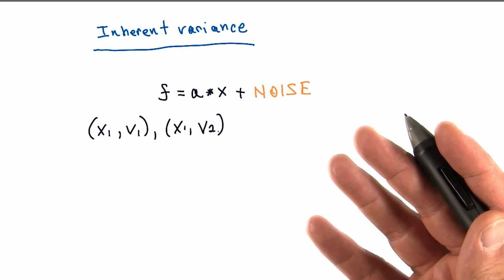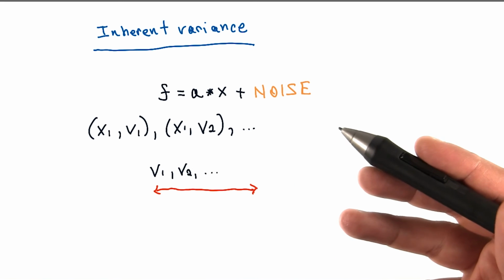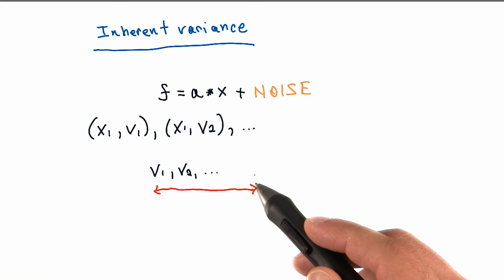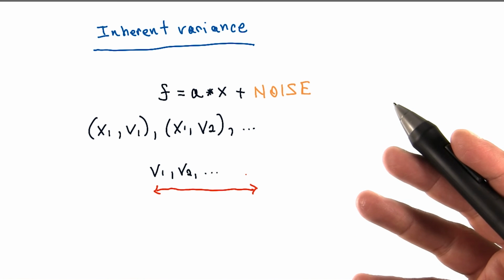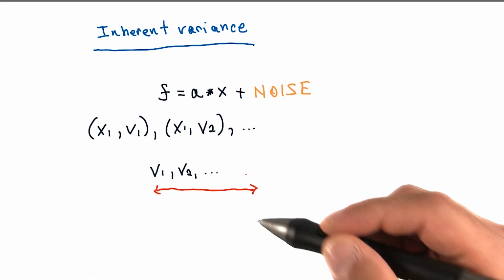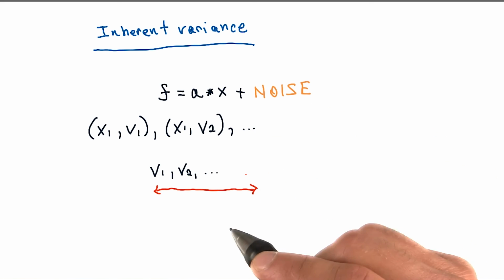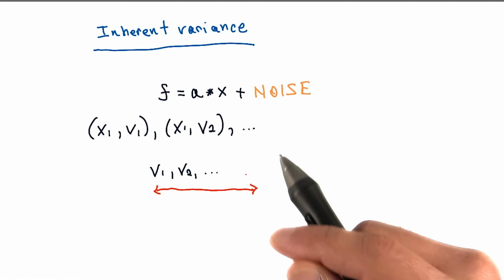The next time, value 2, and so on. This spread of values, v1, v2, and so on, produces the confidence band effect that we saw earlier. That, of course, makes finding the right value to guess for a given x1 much more difficult. In the next video, we'll talk about sources of this variance and what we can do about it.